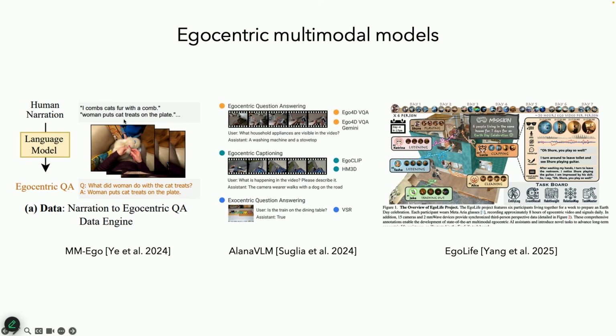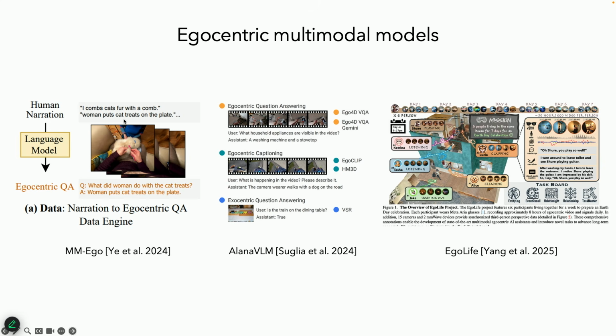Okay. There has been quite some work on egocentric multimodal modeling. I just list three here. I think there is a common thread. One is action understanding or visual question answering, which is an important task for egocentric videos, and it also involves language. So it's naturally a very interesting multimodal model to study.